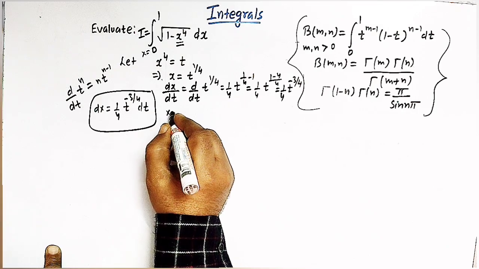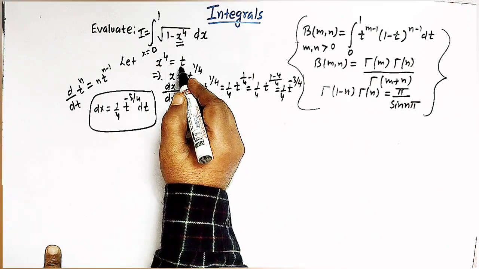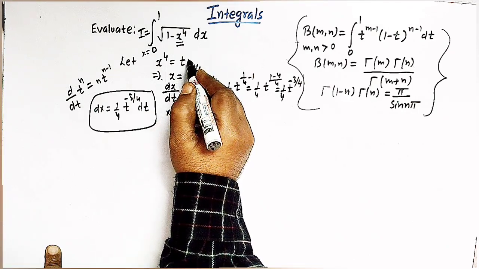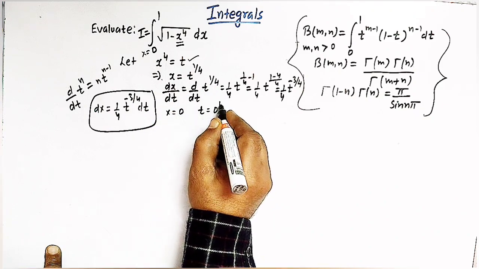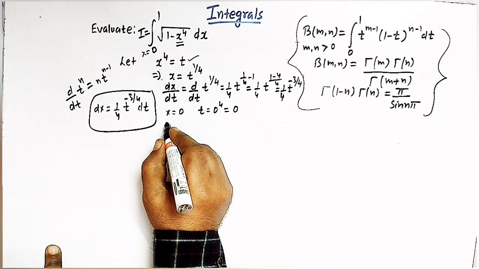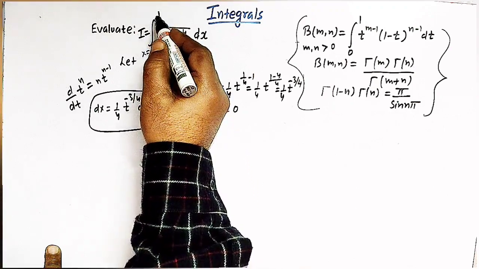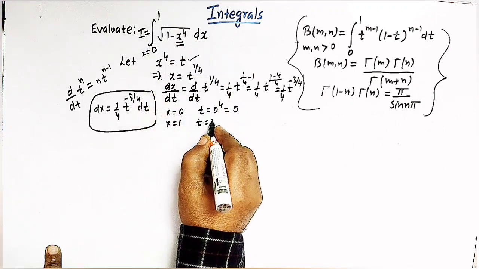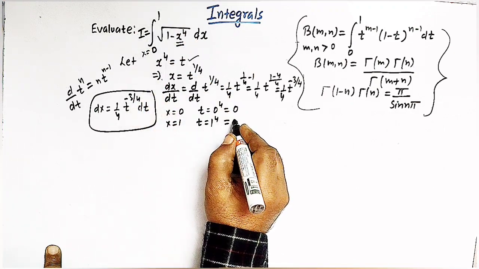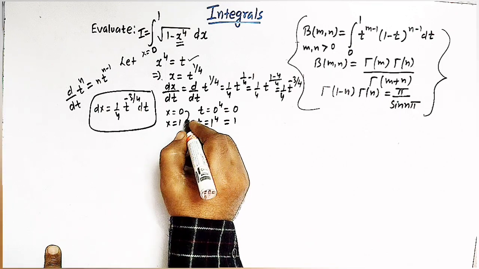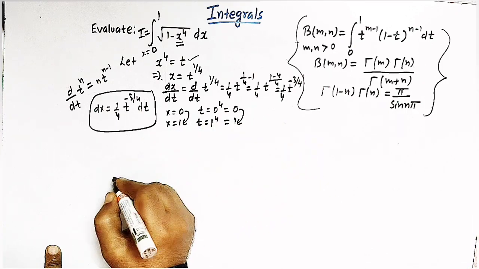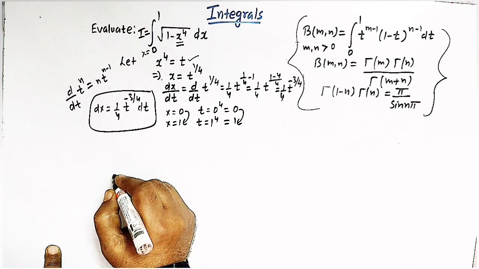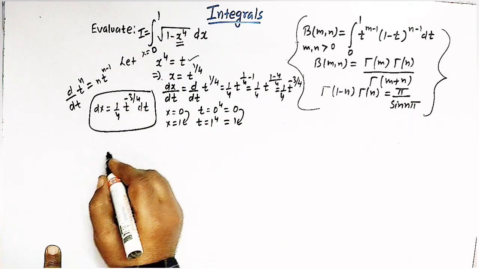So when x is equal to 0, the value of t can be calculated from this relation. So t is 0 raised to 4, that is simply 0. And when x is 1, then t is 1 raised to 4, that is simply 1. So when x goes from 0 to 1, t also changes from 0 to 1, right? So the limits remain the same.